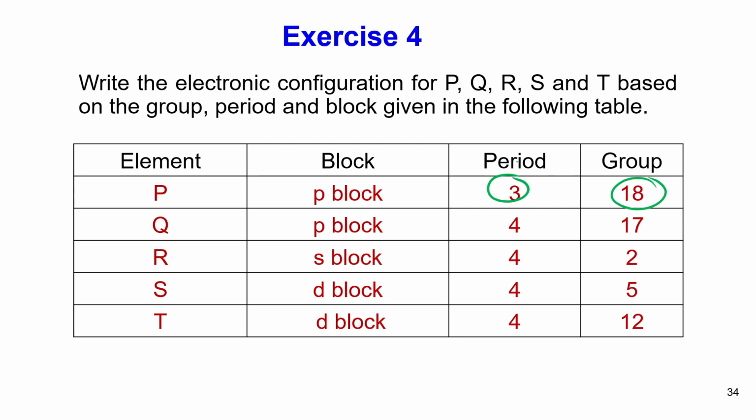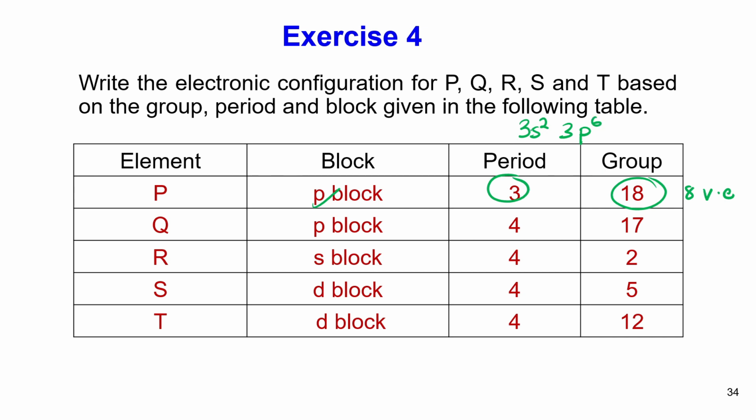So period 3 means ending with 3. Group 18 block P, so we have 3s and 3p. Group 18 means we have 8 valence electrons, 2 from 3s and 6 from 3p.